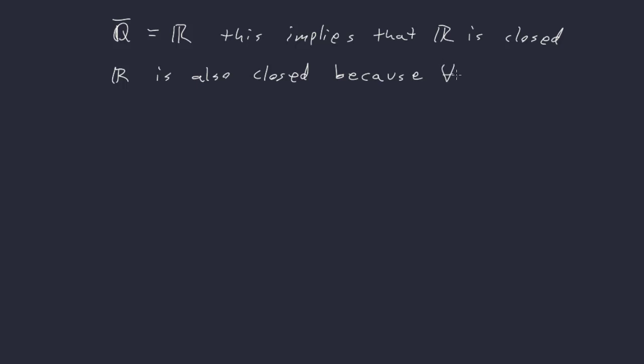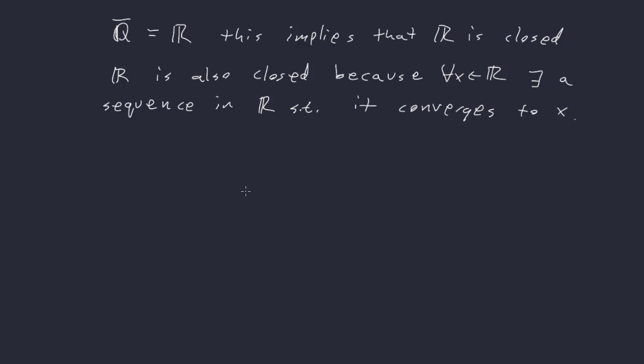because for all x in the reals, there exists a sequence in R such that it converges to x. I mean, the quickest one you could think of would just take x plus 1 over n.